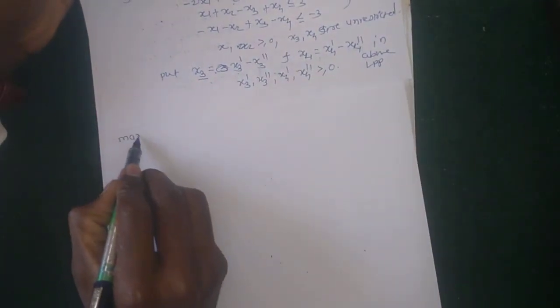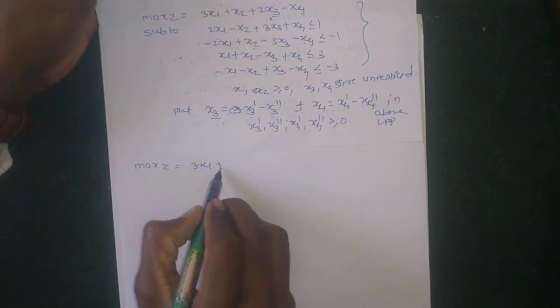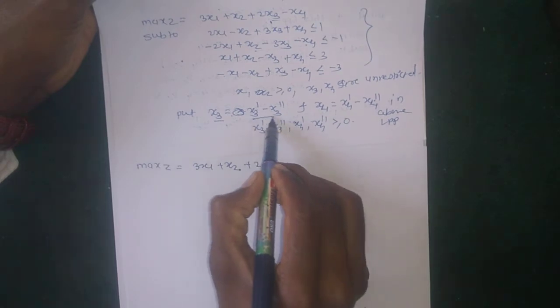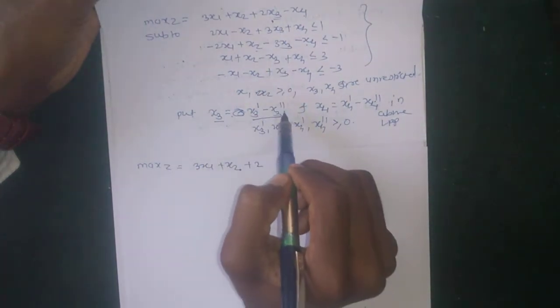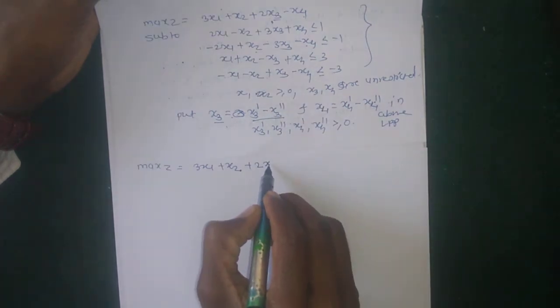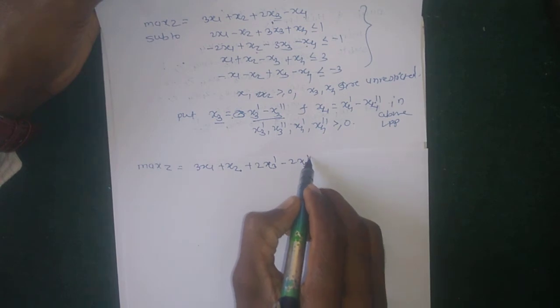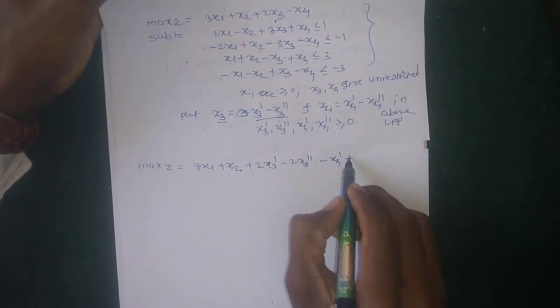So we get maximize z equal to 3x1 plus x2 plus 2 into x3 dash minus x3 double dash. Putting the value x3 equal to x3 dash minus x3 double dash, we get 2x3 dash minus 2x3 double dash minus x4 dash plus x4 double dash.